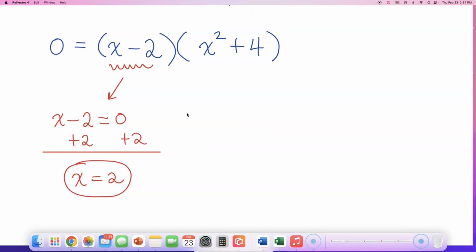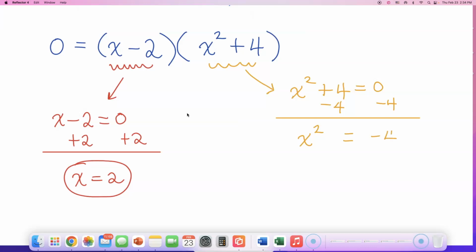Now let's solve the other one. If you solve x squared plus 4 equal to 0, I'm going to subtract 4 from both sides, right? Minus 4, minus 4. But if I do that, we're going to run into a problem because we now have a sentence that says x squared is equal to negative 4. Can you square a number and get negative 4? Well, not really, right?